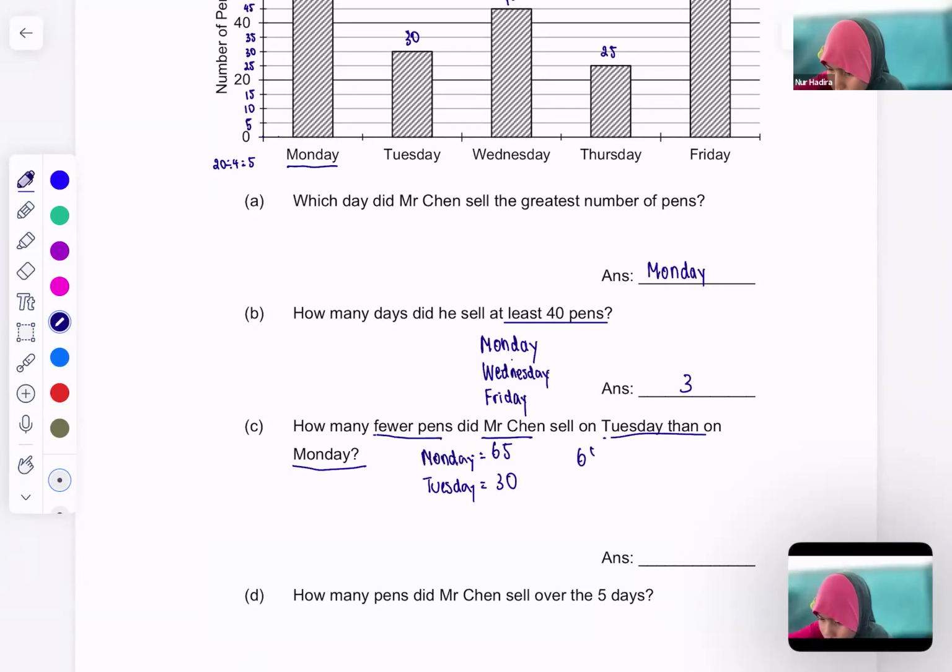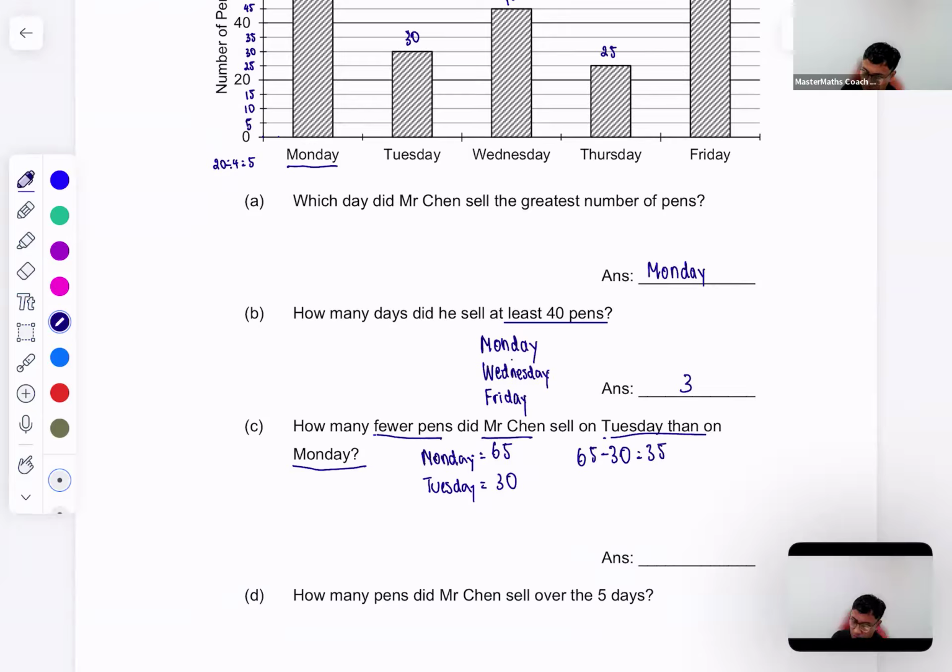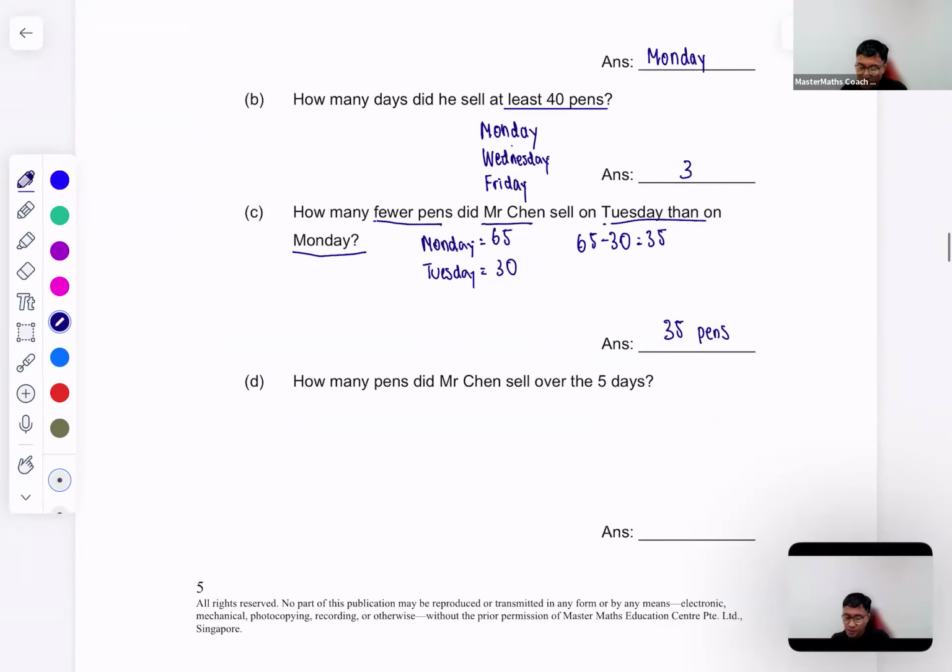So we take 65 minus 30. Can you help me find out what is 65 minus 30? 35. Correct. Okay, so the answer is 35.